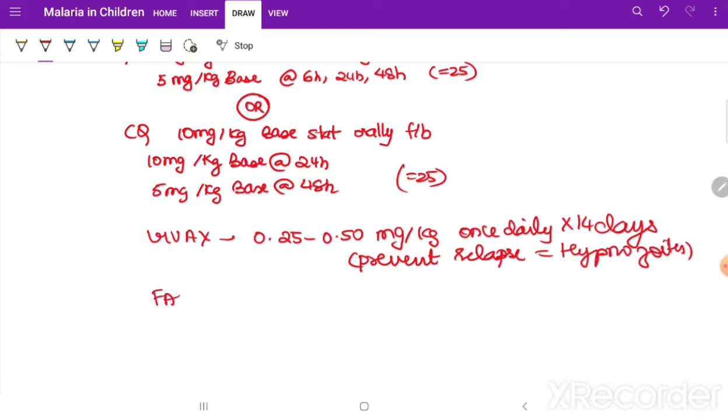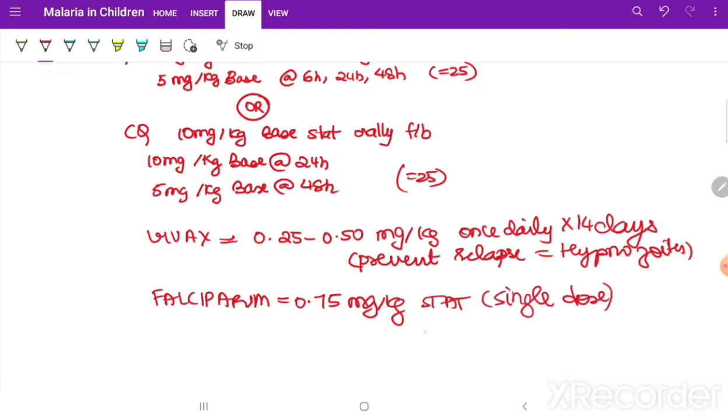And in falciparum, you will use 0.75 mg per kg stat dose, that is a single dose. This is for gametocidal action, and this gametocidal action therefore prevents recrudescence, basically, the disease spreading again.